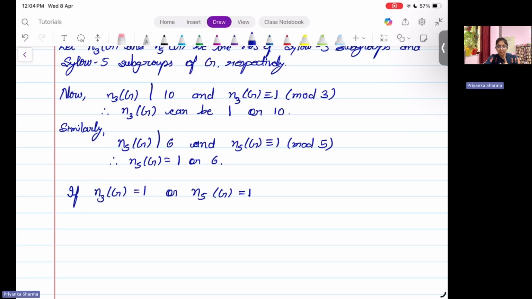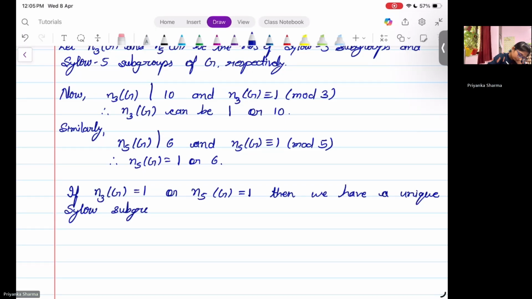If either of them is 1, then we have a unique Sylow subgroup in G.